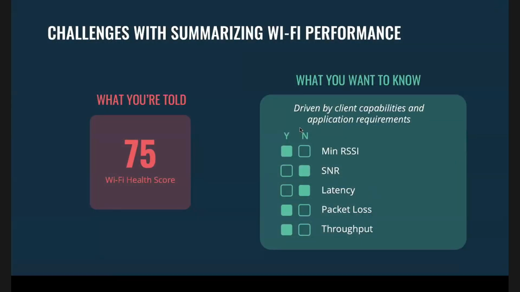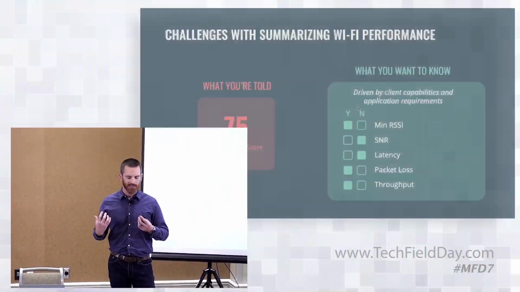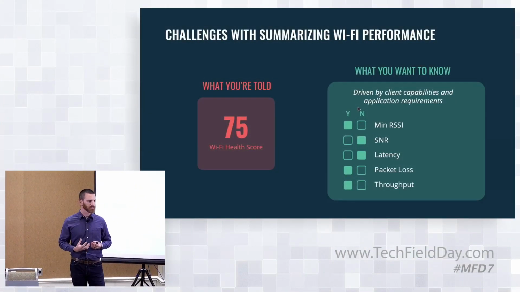One of the challenges we have in wireless networking is how do we summarize the Wi-Fi health for a single machine? And a lot of the solutions out there give me things, in my opinion, that it's hard to really attach meaning to.